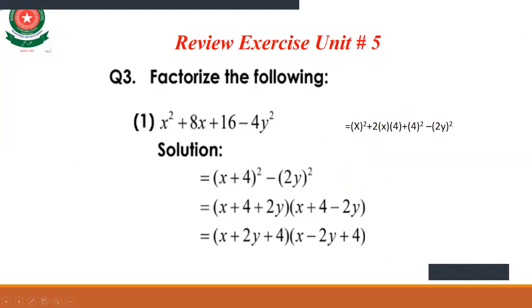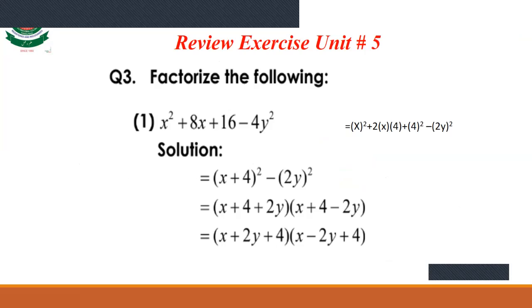Let's move to our review exercise, unit number 5. This is the same as what we have done in previous days. Question number 3 is factorize the following: x square plus 8x plus 16 minus 4y square.